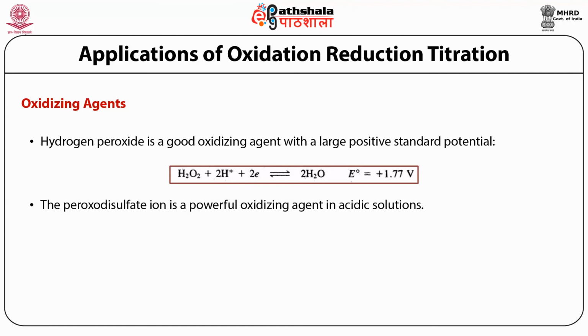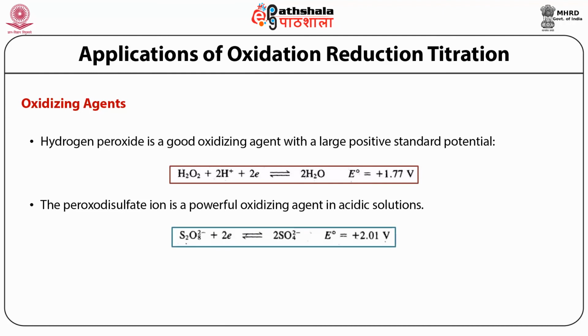The peroxodisulfate ion is a powerful oxidizing agent in acidic solution, that is S2O8 2 negative plus 2 electrons forms 2SO4 2 negative, and the standard potential is plus 2.01 volt. And AgO is again another powerful oxidizing agent.